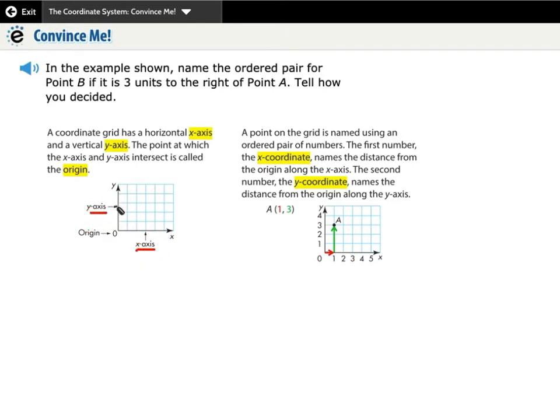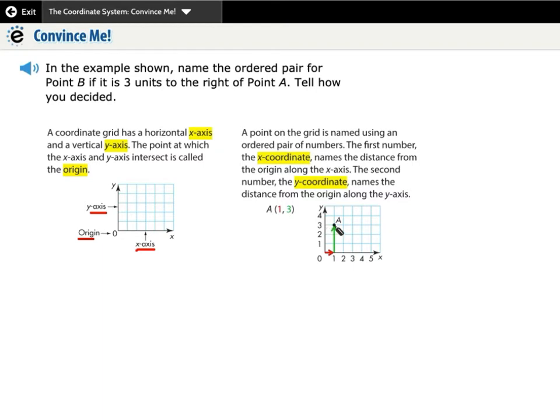And the point where these two lines meet is called as the origin, or at the point 0. So the question is telling us, the example, we have here point A at point 1, 3. We are going to make a point B that is 3 units at the right of point A.